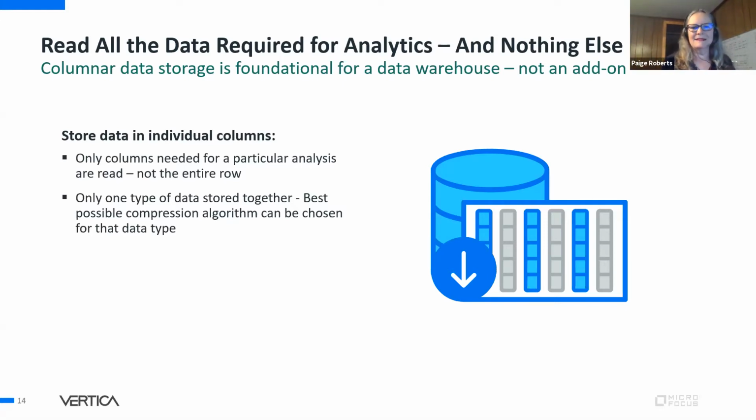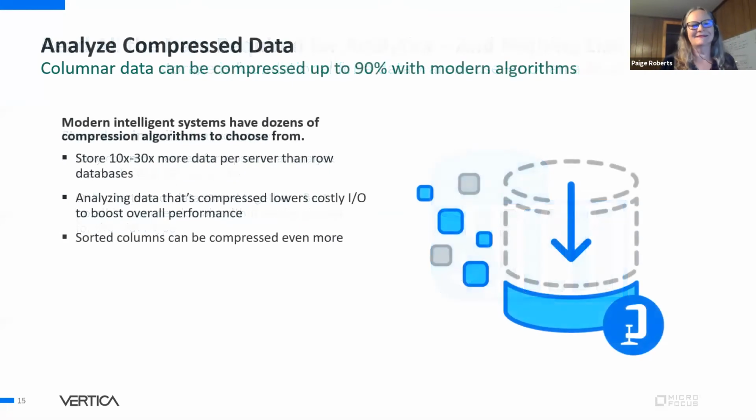All right. Second, if I've sorted it, what that really means is each individual column has only one kind of data in it. Only dates, only numbers, only characters, whatever. And we have dozens of compression algorithms now, good, modern, strong algorithms for compressing data like crazy. But most of them are based on what the data type is.